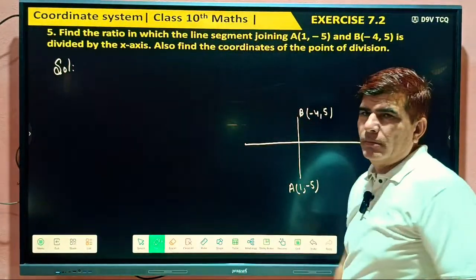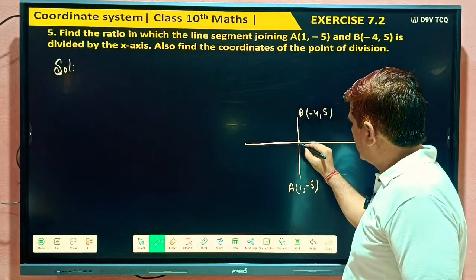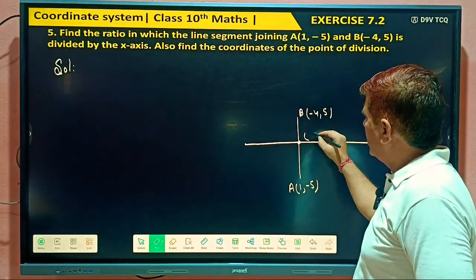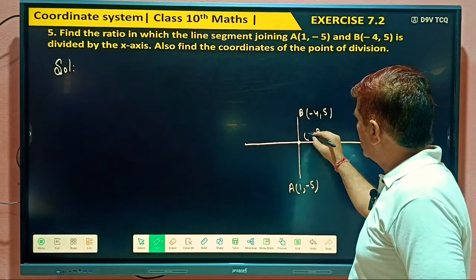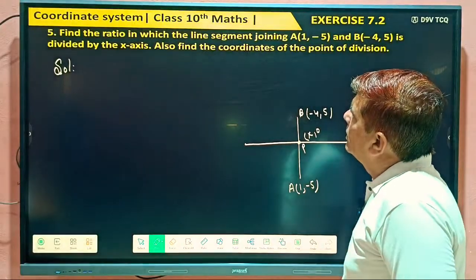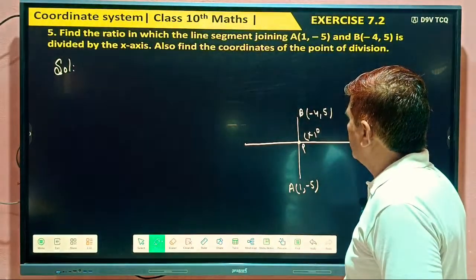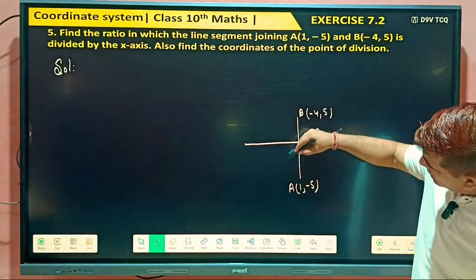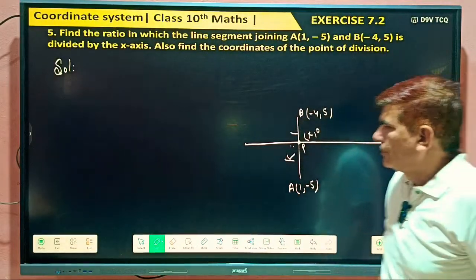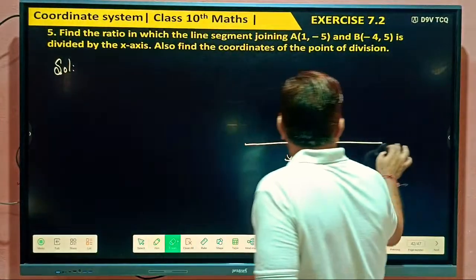So here is this point. This point, y is definitely 0, and x we can say x. P is a point dividing this in the ratio. Find the ratio. Again we can say it divides in the ratio k:1.